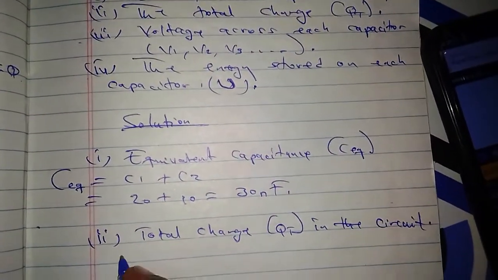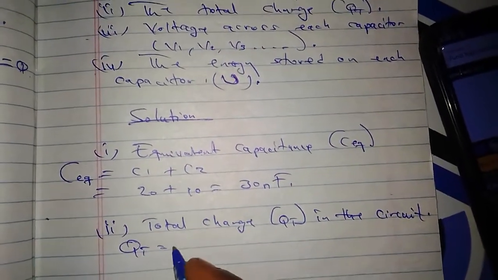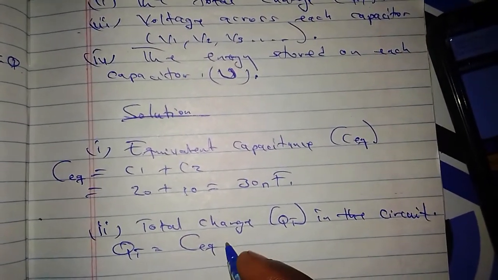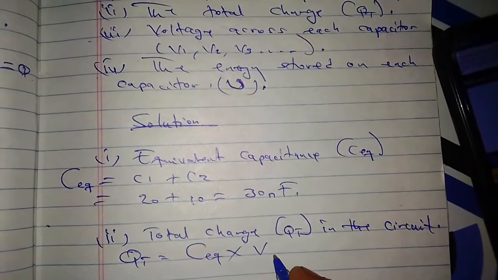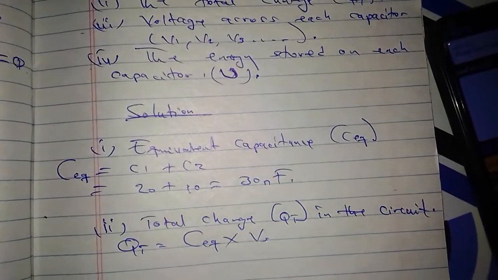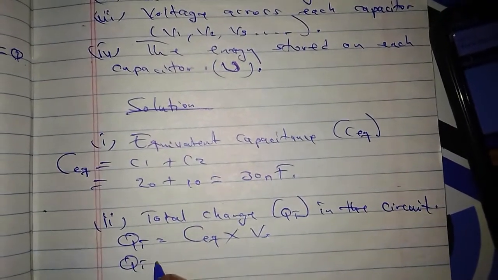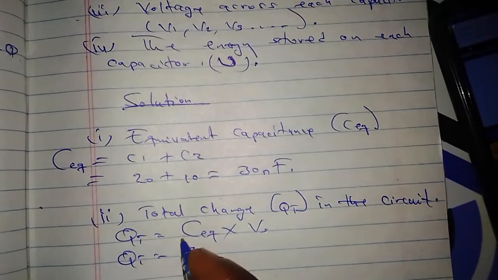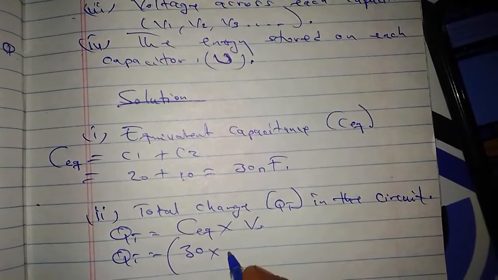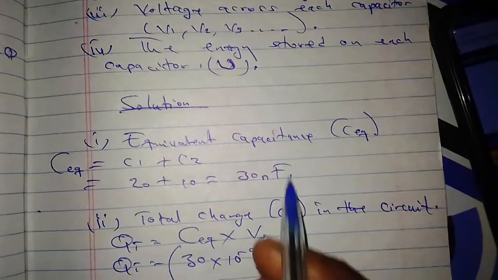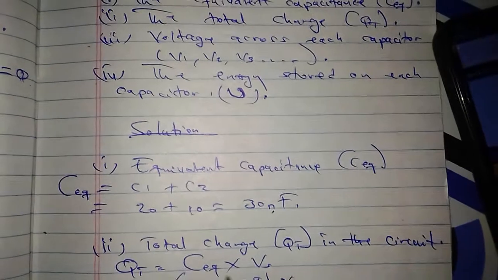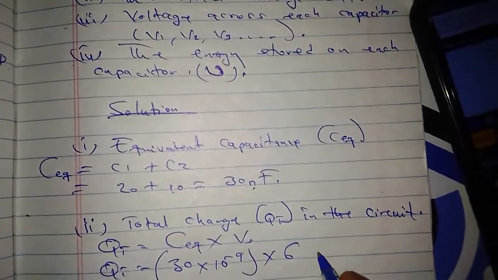So QT is the equivalent capacitance times the supply voltage, whereby the equivalent capacitance is 30 times 10 raised to the power minus 9, that is the nano, times the voltage, which is 6 volts.